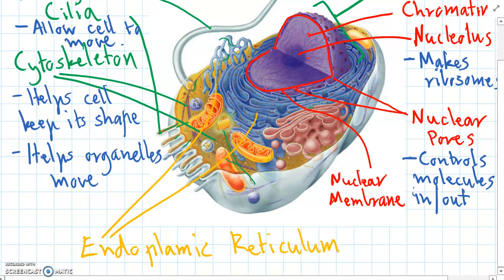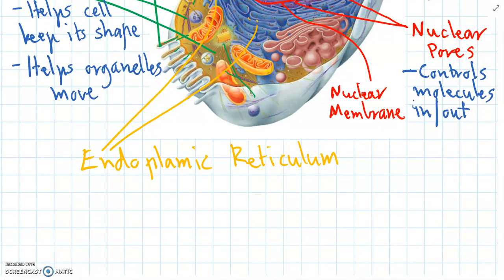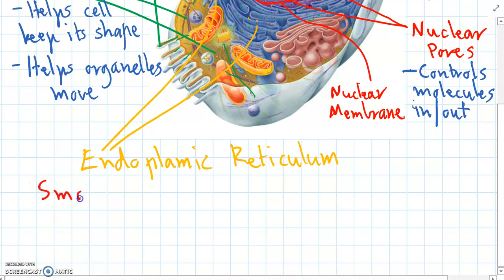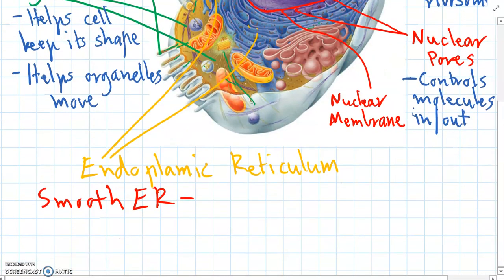And it's a complicated maze of cell membranes that have lots of surface area and they have a space inside them, like lots of pancakes stacked on top of each other. And there are two types of endoplasmic reticulum. There's the smooth ER for short, and that's the smooth surface one on the side here. That is where the cell makes all its fats and oils.